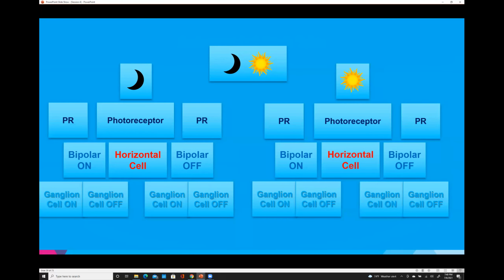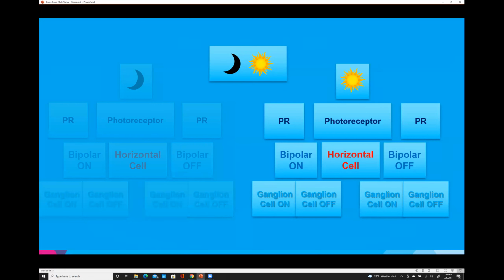So now let's go to the light phase. We're going to just eliminate this guy, and we're going to go over to the right here. In a light state, what happens to the central photoreceptor? It's inactive. You got it. Which one, bipolar on or bipolar off, is active in a light state? The bipolar on. You got it.